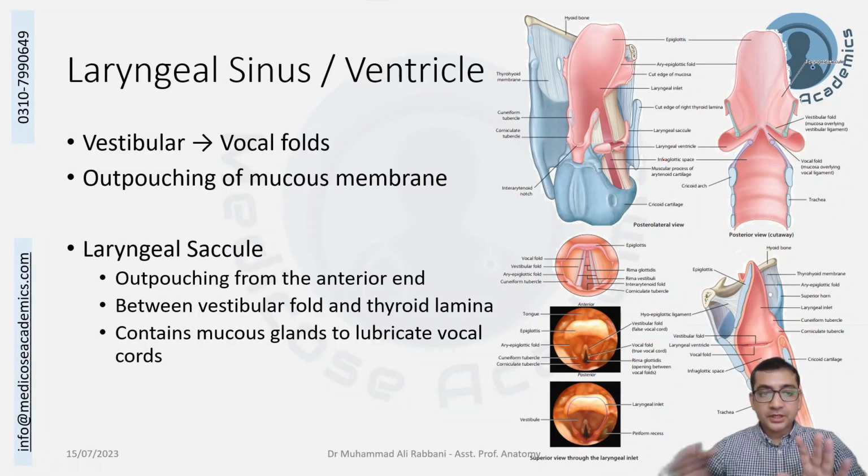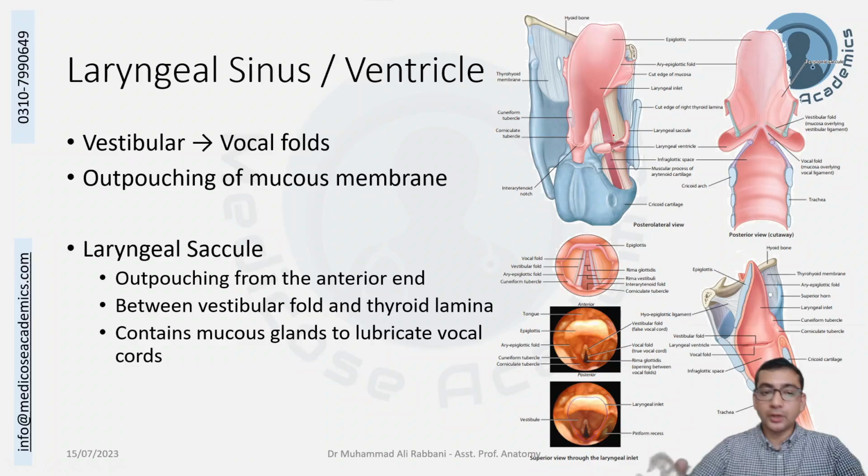It is the outpouching that goes forward, and it is present between the vestibular fold and thyroid membrane and thyroid cartilage laterally, and the quadrangular membrane medially.